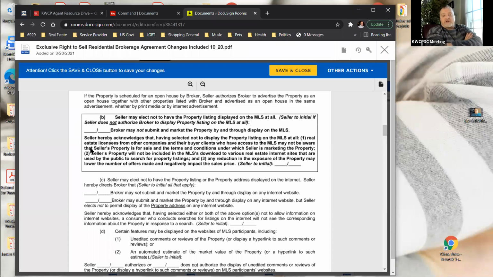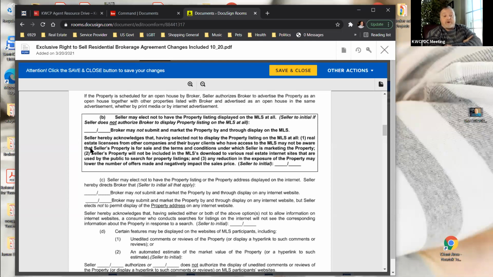Generally speaking, it's in our sellers' best interest to have as broad an exposure to the entire MLS as possible, so that they get a wide and competitive offering of their listing and can maximize their sale price in the end. Seller hereby acknowledges that having selected not to display the property listing in the MLS at all, real estate licensees from other companies and their buyer clients who have access to the MLS may not be aware that the seller's property is for sale and the terms and conditions under which seller is marketing the property.